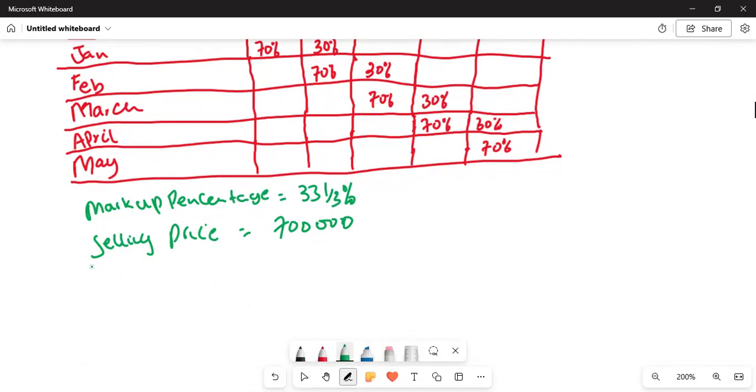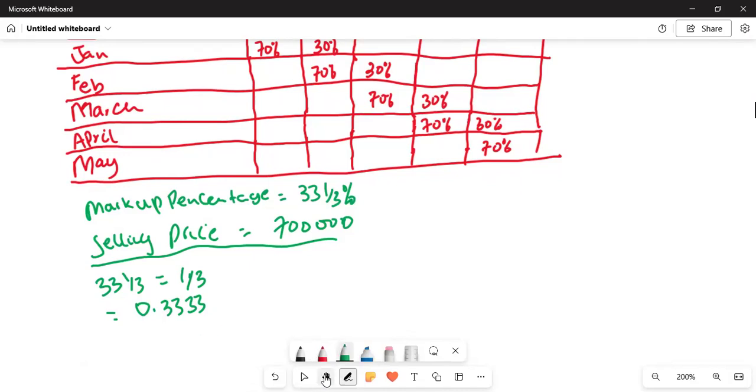When you convert 33 and a quarter percent into decimal, it is approximately 0.333. This is our markup percentage.